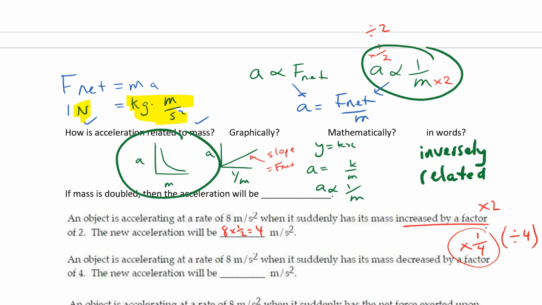So decrease by a factor of 4 means times a quarter. Because the relationship is inversely related, if the mass was multiplied by a quarter, then the acceleration gets multiplied by the reciprocal of a quarter, which means times 4. So this one is 8 times 4, which would be 32.